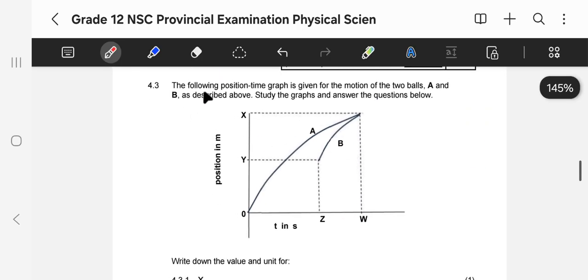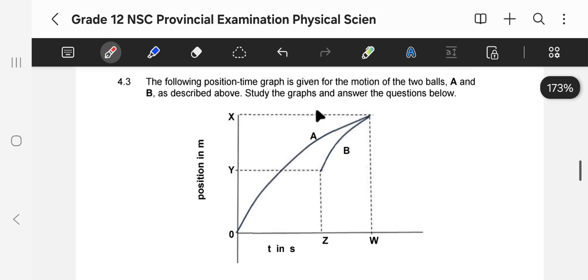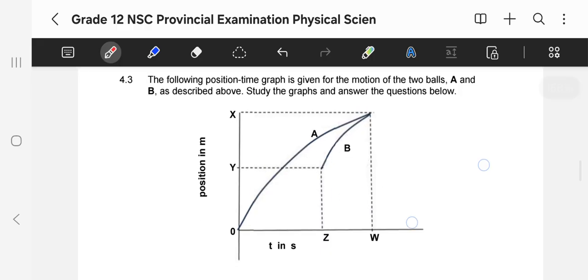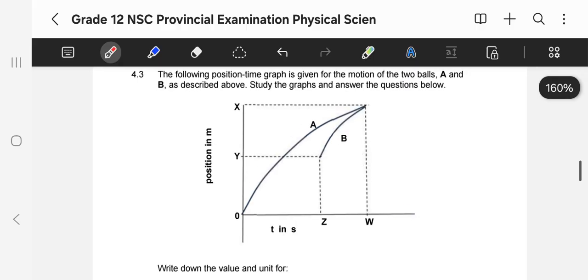The next question says the following position time graph is given for the motion of the two balls A and B as described above. Study the graphs and answer the questions below. This is our graph, the position versus time graph.